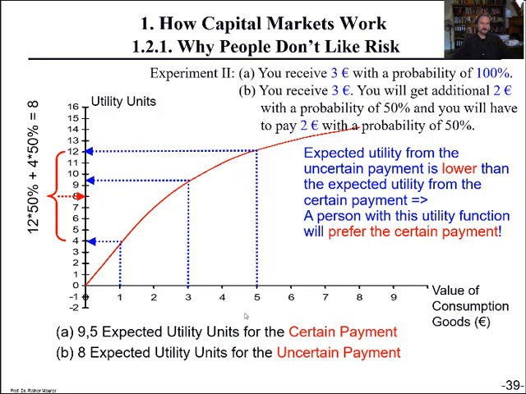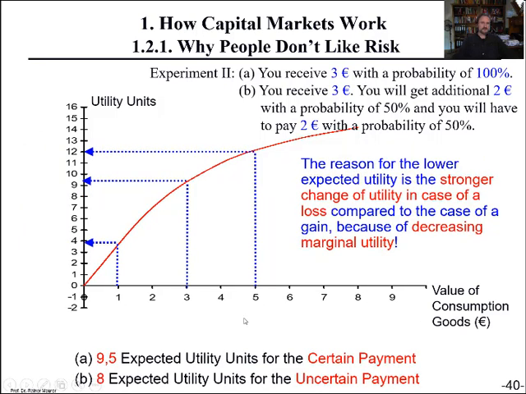Consequently, a person with such a utility function would always prefer the certain option A over the uncertain option B. If we take a closer look at this result, we can discover that the reason for the lower expected utility of the uncertain option is the stronger change of utility in case of an income loss compared to the case of an income gain.